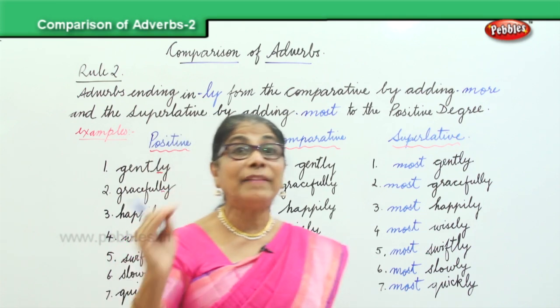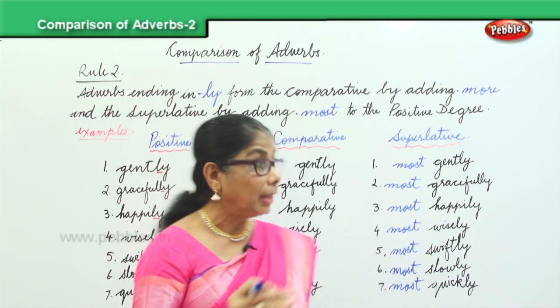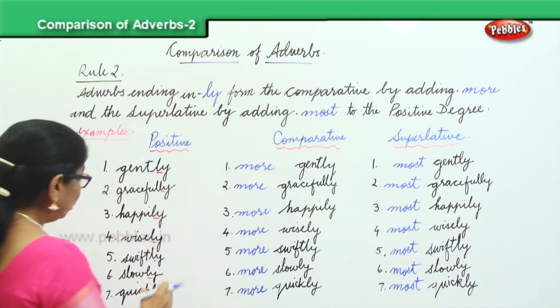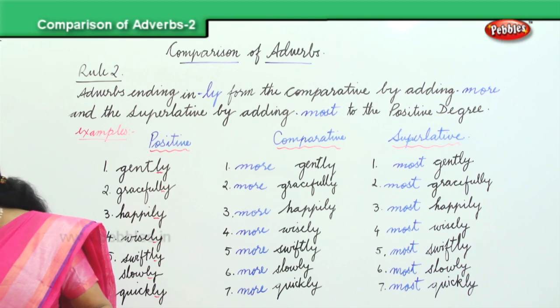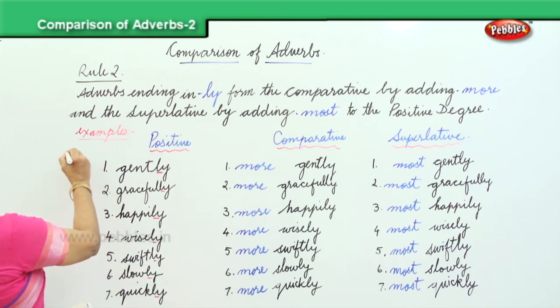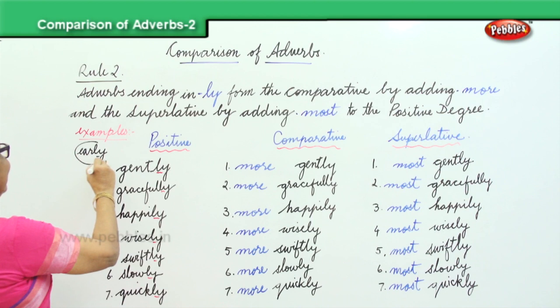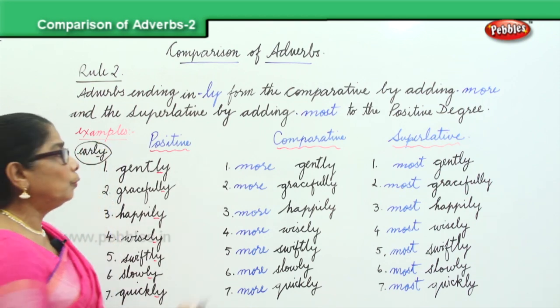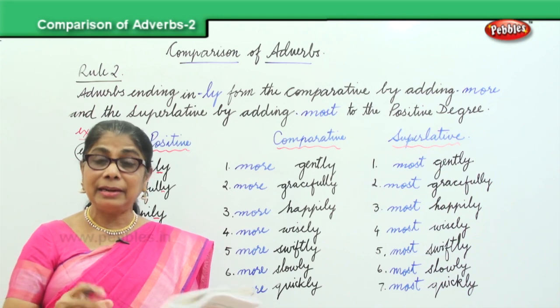And here you have an exception. The exception is the word early. Now look at the word early. Although it ends in ly, we do not form the comparative by adding more, but it has a different spelling.